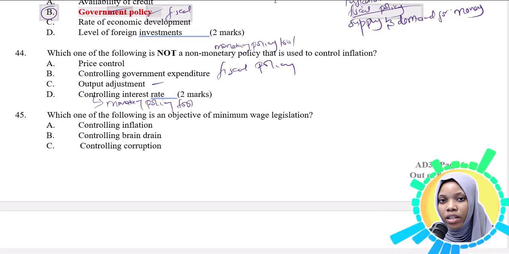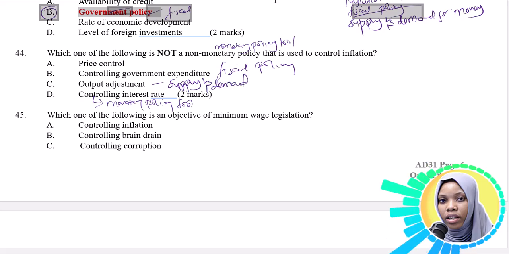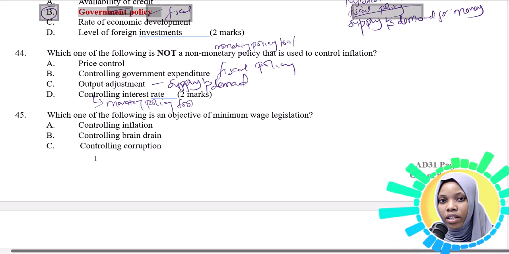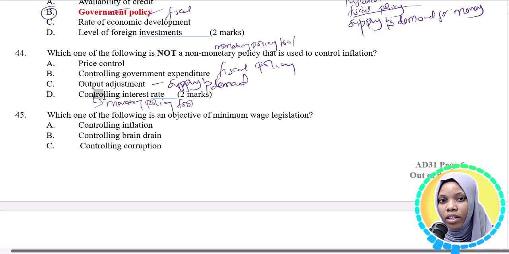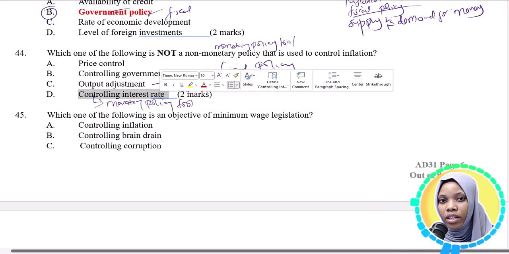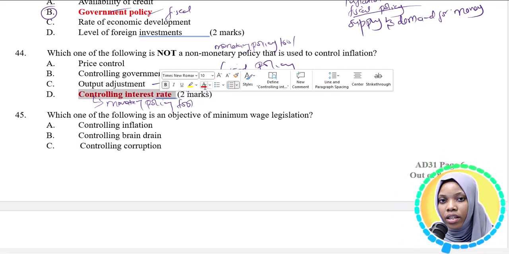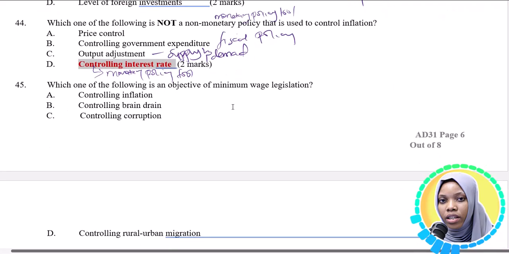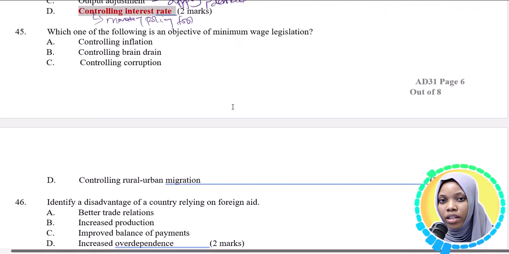And then output adjustment, this is supply and demand. The output adjusts on its own by the forces of supply and demand. So the monetary policy here is choice D, controlling interest rate. Choice D is the answer to this question. It's a monetary policy tool for controlling inflation.